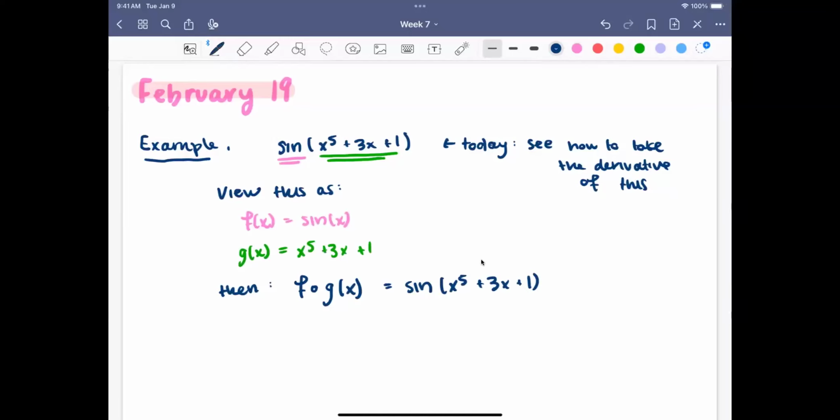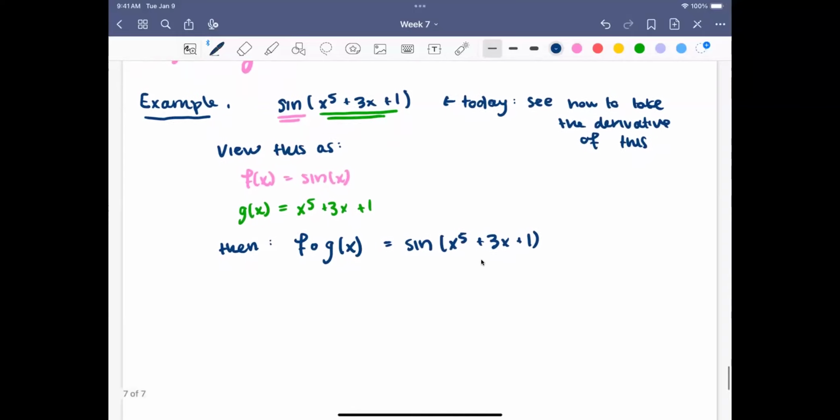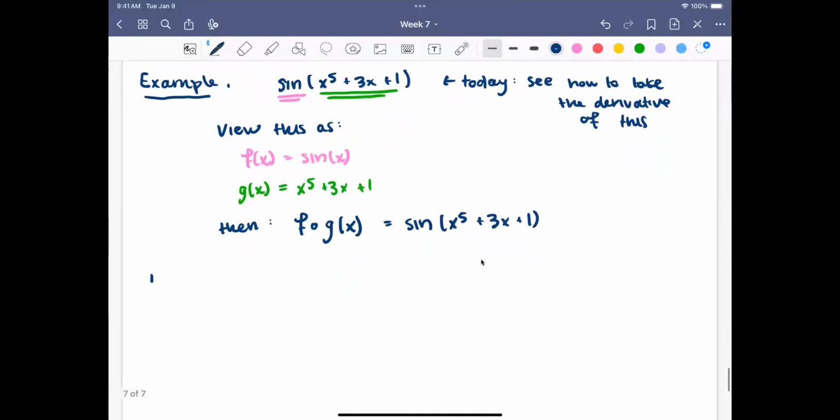So how to take the derivative of a composition of two functions that you know how to take the derivative of. So let me start by just writing down the theorem, and then we'll do some examples. And this is called the chain rule.